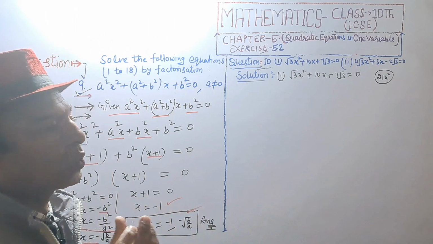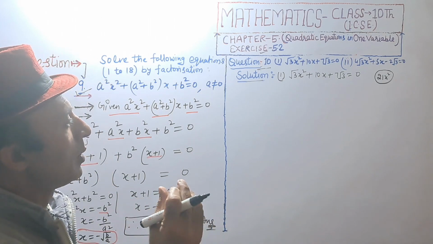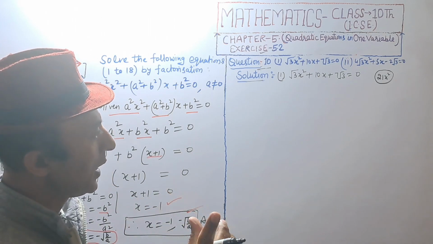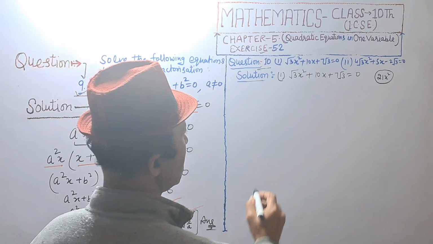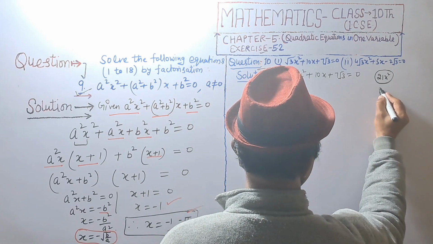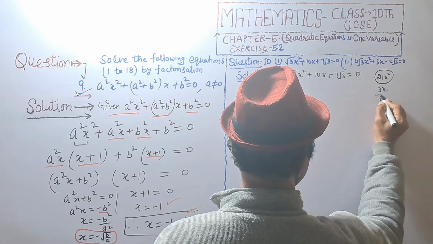And we are taking two numbers. The product of the two numbers is 21x², and their sum will be 10x. That is 3x and 7x.